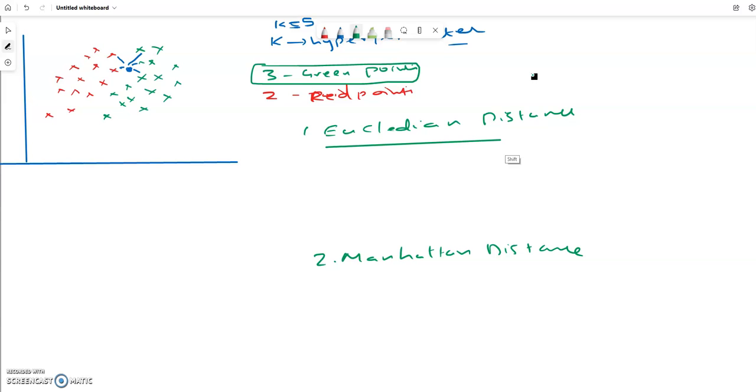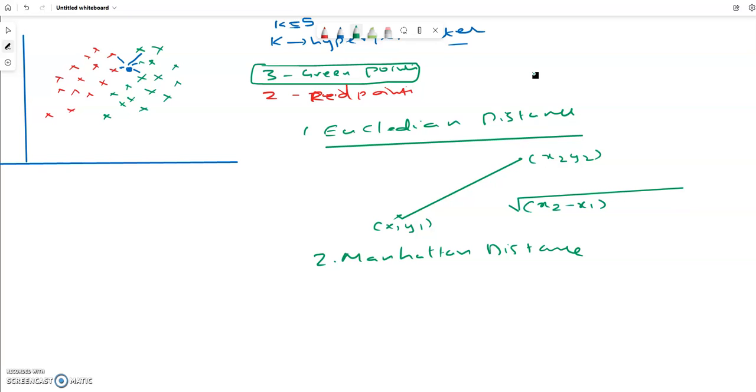Now let's see how we calculate with the help of Euclidean distance. Suppose we have x1 y1 here one point and we have another point x2 y2. Now here if I would like to calculate the distance between these 2 points, then my formula will be square root of (x2 minus x1) whole square plus (y2 minus y1) whole square.